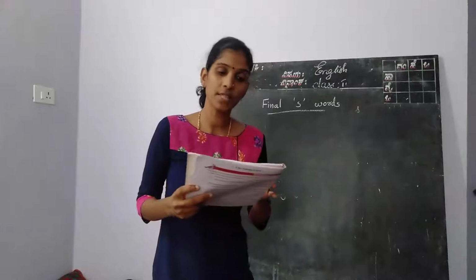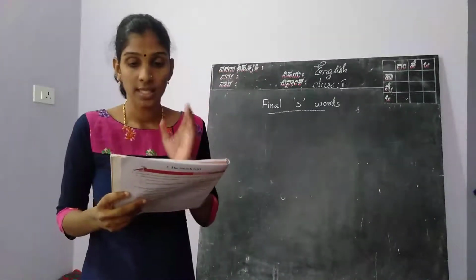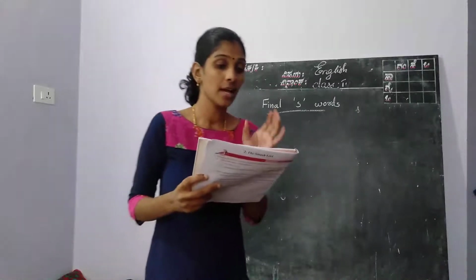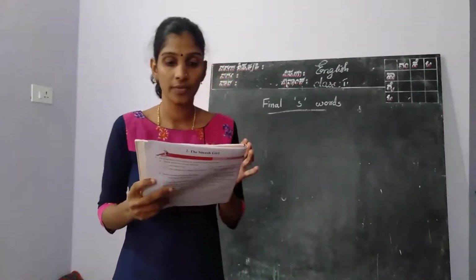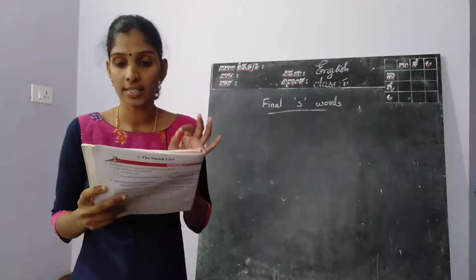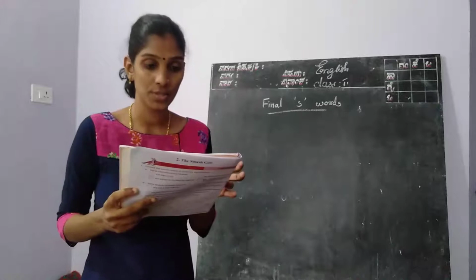Fill in the blanks with the correct word from the box. Write S if the word used has the final S sound, and Z if the word used has the final Z sound, in the blank at the end of each sentence.